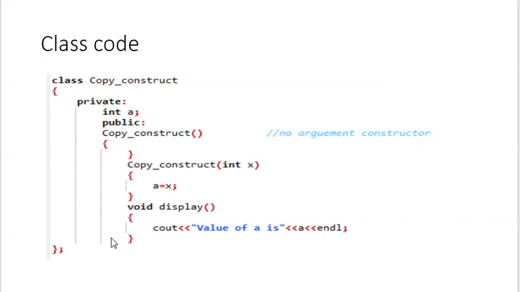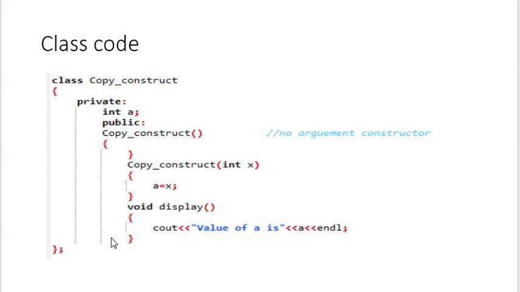Here I have written a class. The name of the class is copy_construct, just for understanding, so that you come to know which topic we are using in the code. So I just gave the name of the topic to the class.